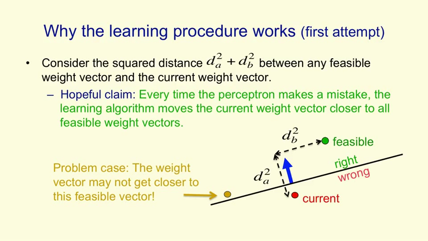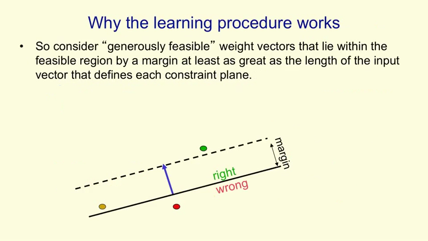So our hopeful claim doesn't work, but we can fix it up so that it does. So what we're going to do is define a generously feasible weight vector. That's a weight vector that not only gets every training case right, but gets it right by at least a certain margin, where the margin is as big as the input vector for that training case.